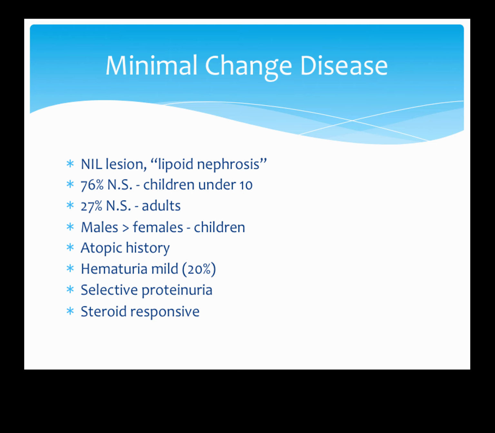Generally, males are affected a little bit more frequently than females. As I mentioned earlier, often there's an atopic history in patients who present with nephrotic syndrome due to minimal change disease.